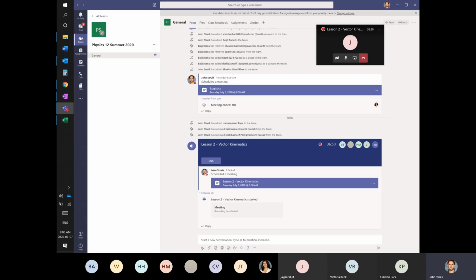And if anyone else has problems accessing anything, just let me know. Instead of emailing me all the time, use the chat function in Teams. It's easier. And then there's those 2 worksheets in the files tab, and I will be posting some questions for me to assess what you know at some point today.